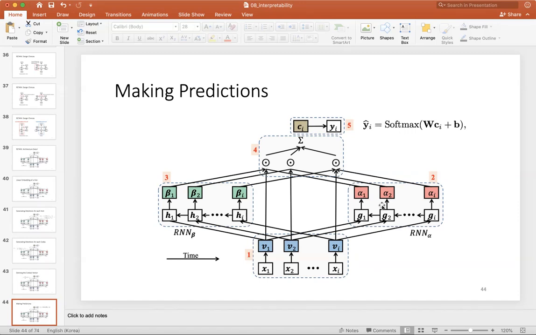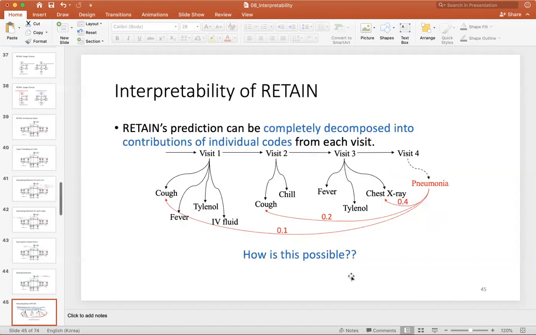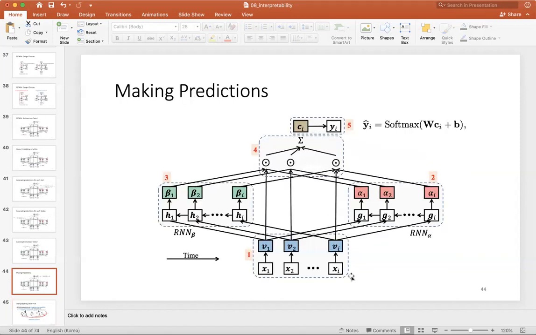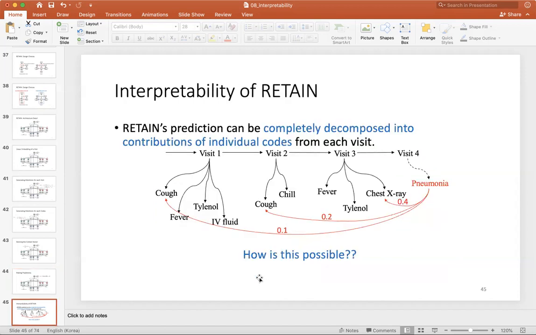So this is the forward step, and the reason that we can decompose the contribution scores of individual codes in each time step, the justification, will be coming right now.